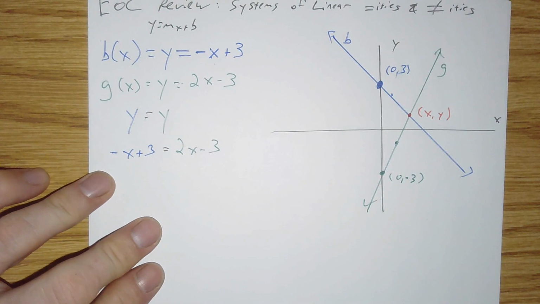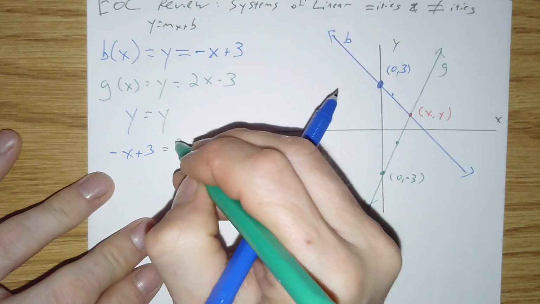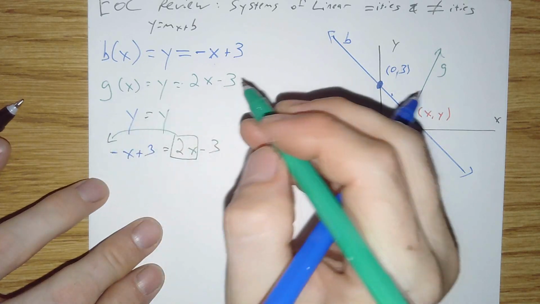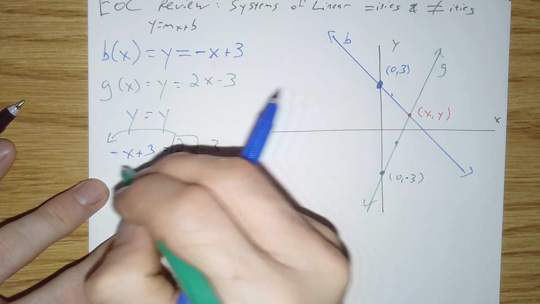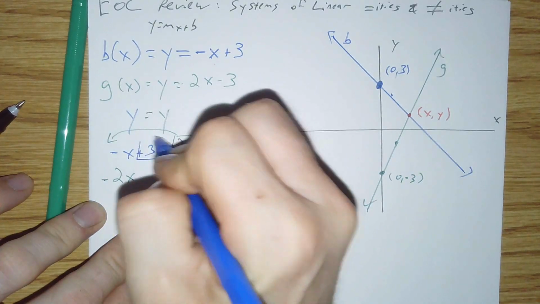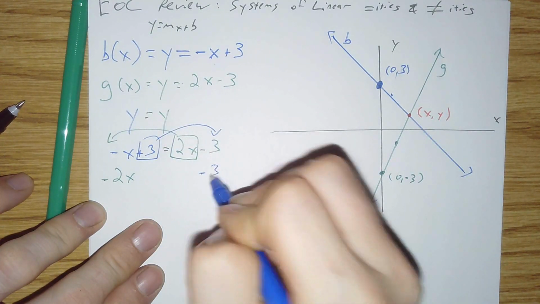Now all I got to do from here is variables left, constants right. Let's move this variable over here. It was 2, so now it's going to be -2x. And then let's move this constant over to here, so it's going to become -3.